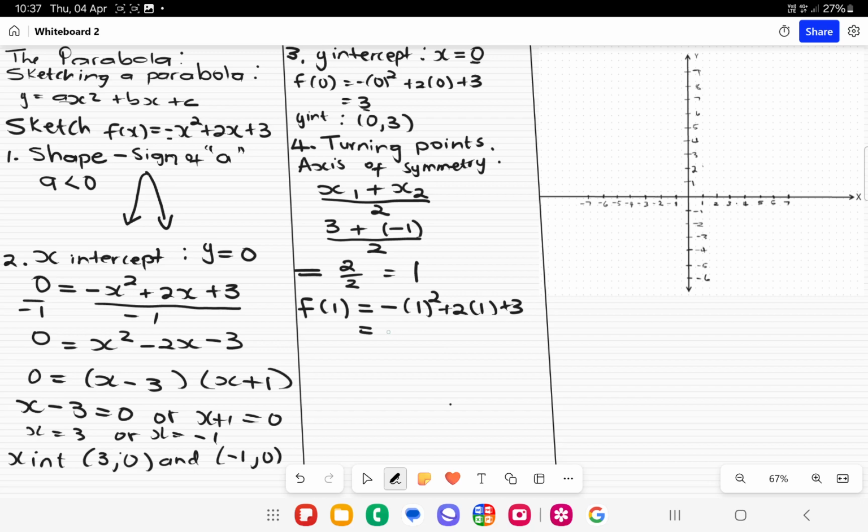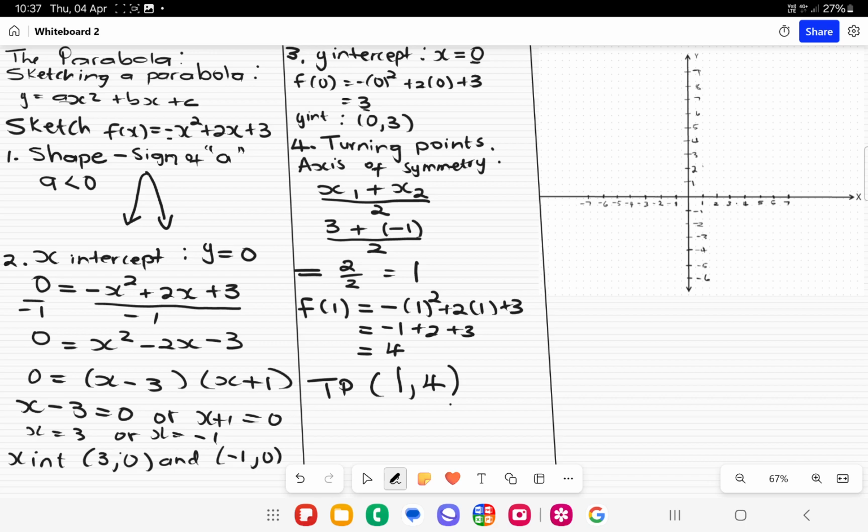That will be negative 1 plus 2 plus 3, and that will give me a beautiful 4. So my turning point is x is 1, y is 4.